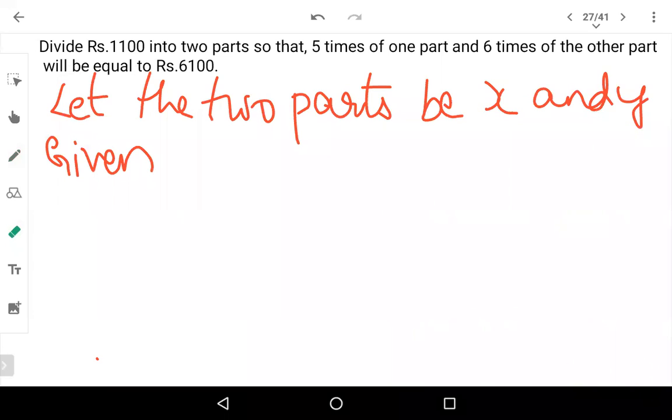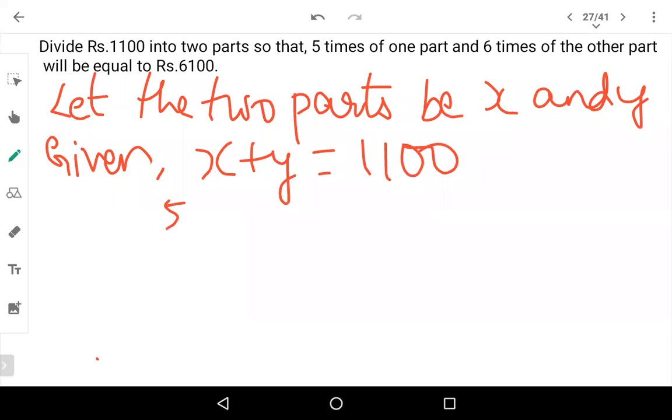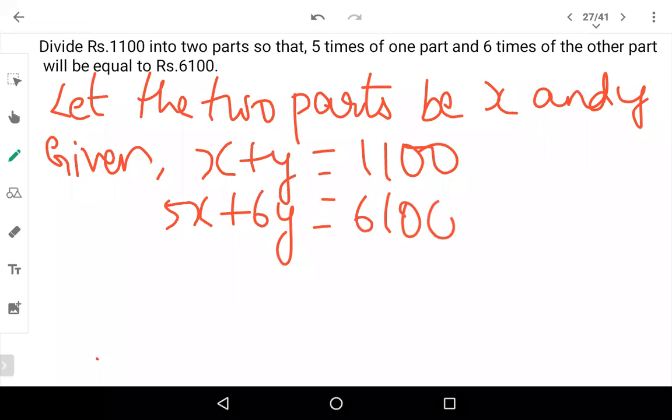From the question, we can easily understand that x plus y is equal to 1100 and 5x plus 6y is equal to 6100.